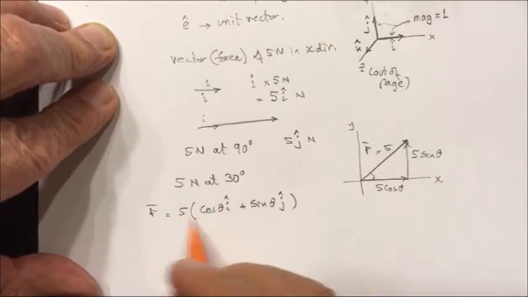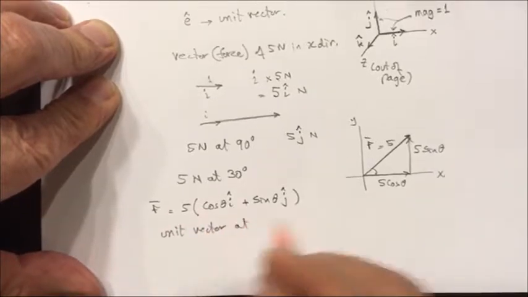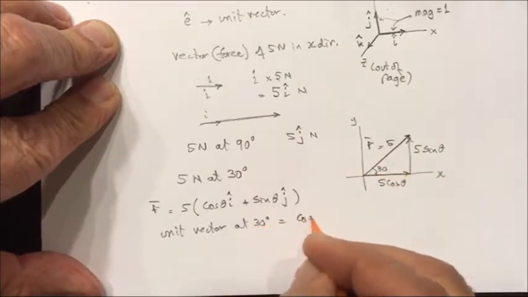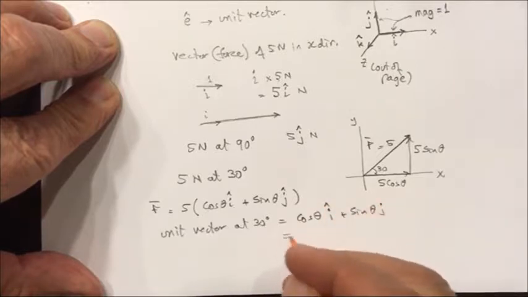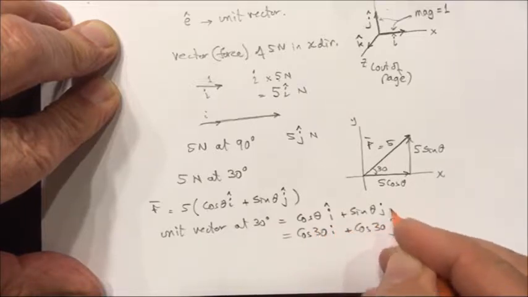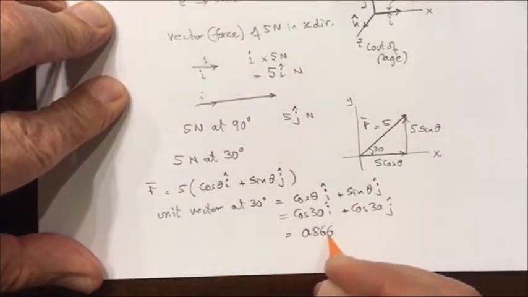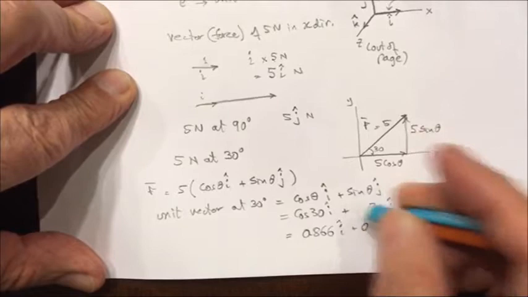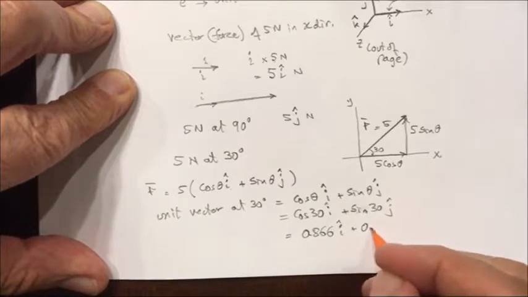And so the unit vector for F at 30 degrees is simply cos theta i plus sine theta j, which is cos 30 i plus sine 30 j, and cos 30 is 0.866 i plus sine 30 is 0.5 j.